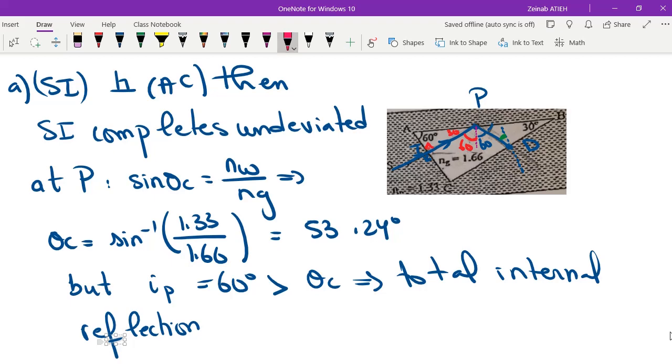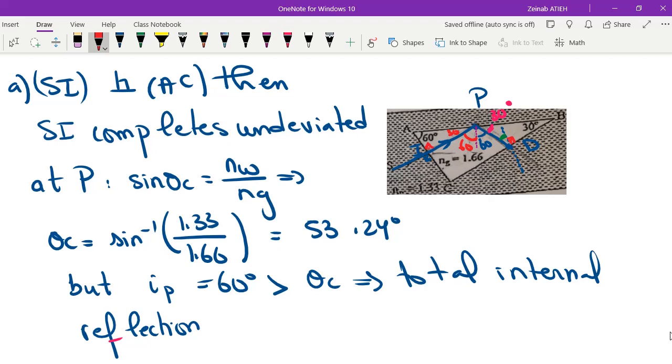So this angle here is 30 because that one is 60, so this is 30. I have 30 and 30. This angle here, which we choose red, is 90 because the normal is perpendicular to the surface. I want the angle in green, which is ID, the angle of incidence at point D. I know that in triangle PBD the sum of angles is 180.